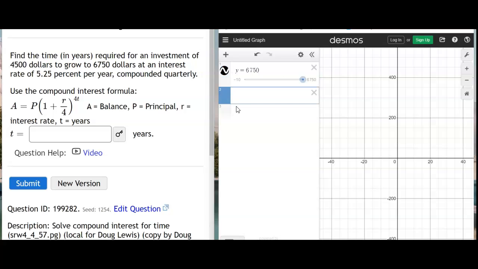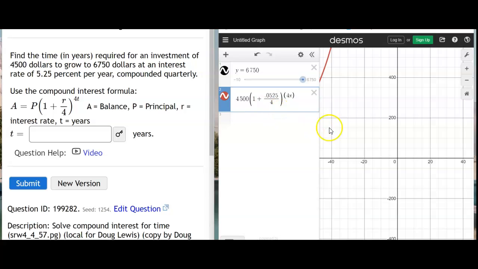And the second equation is the principal, 4,500, in parentheses 1 plus 0.0525 divided by 4, and that is raised to the power. Now we'll put an exponent, and the power here we have to put in parentheses. It's 4 times x; typically they use x here, so I'll use x even though they use t. There it is, the 4t power.